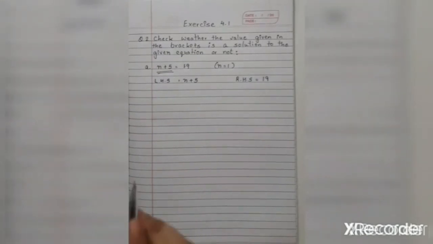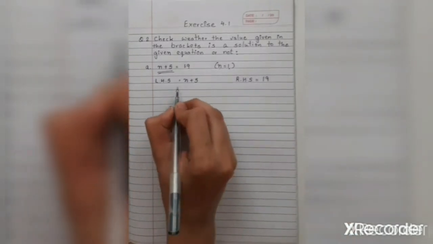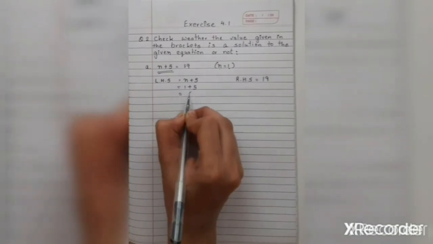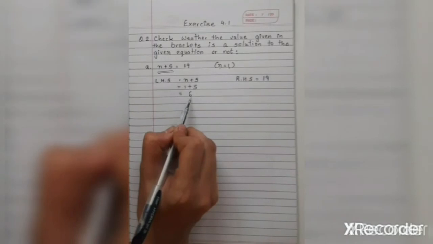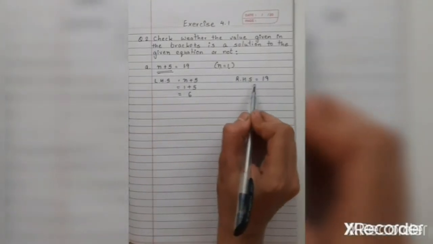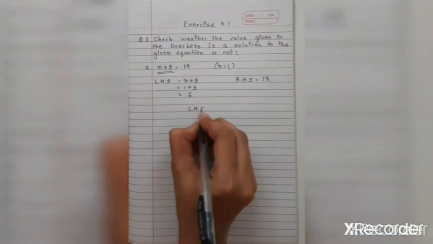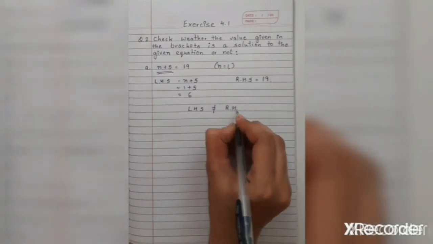What is the value of n? 1. So we will replace n by 1. Let's check. 1 plus 5, that is 6. So we got 6 on left hand side, and right hand side is 19. So here left hand side is not equals to right hand side.